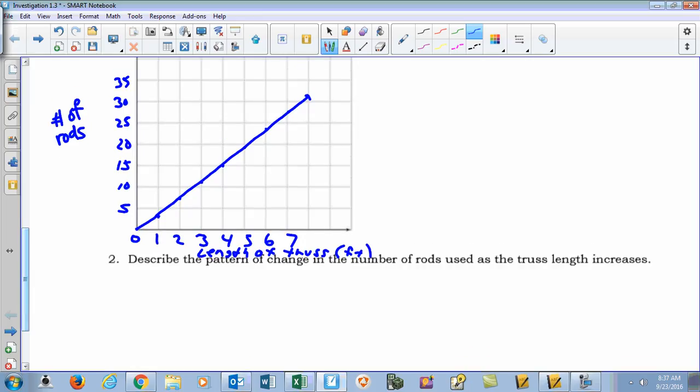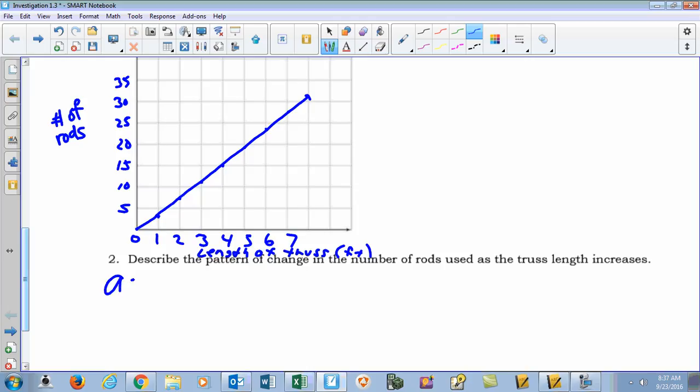You can use the table to graph pattern of change. Basically, how do the rods change as the truss length increases? How would you say that, Angelina? That's a very good sentence.